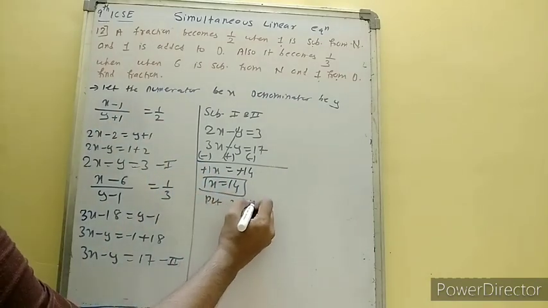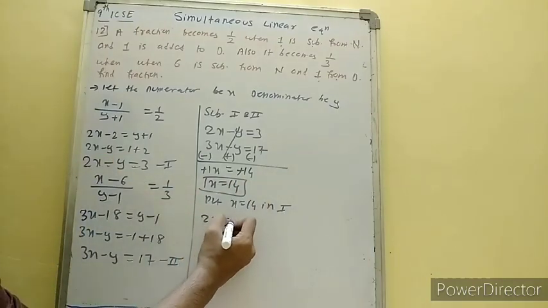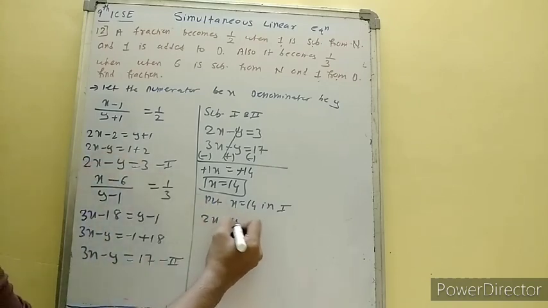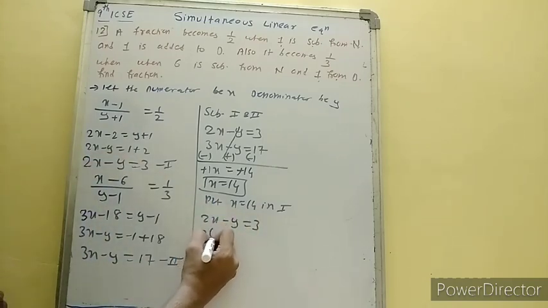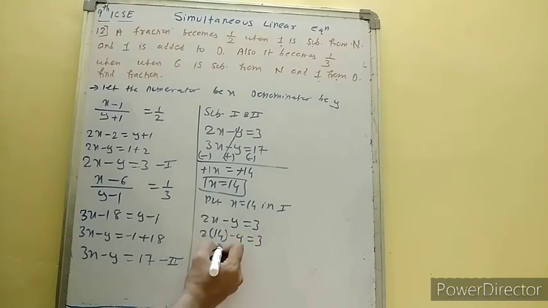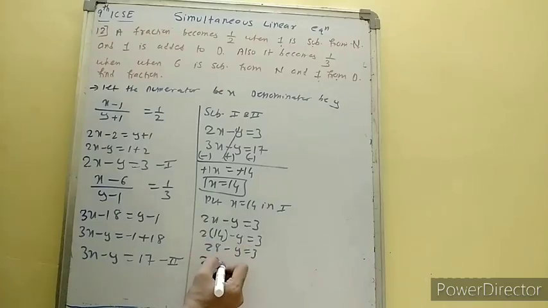Put x is equal to 14 in 1. What is 1? 2x minus y is equal to 3. 2 into 14 minus y is equal to 3. 28 minus y is equal to 3. 3 will come this side. 28 minus 3 is equal to y.